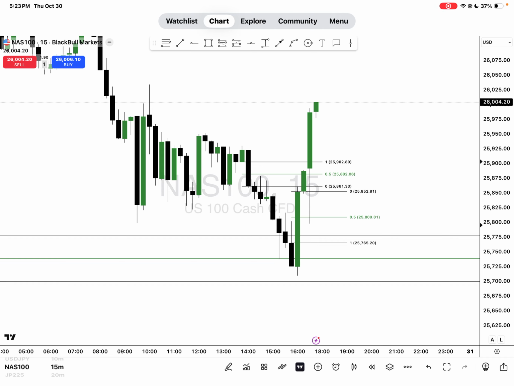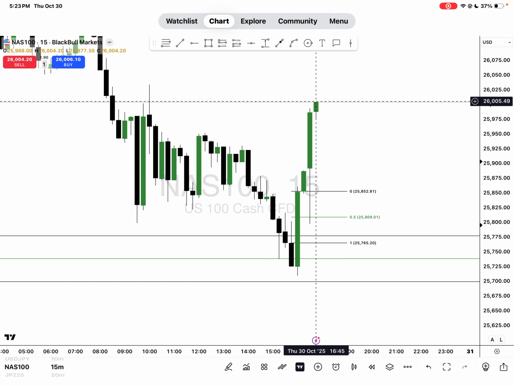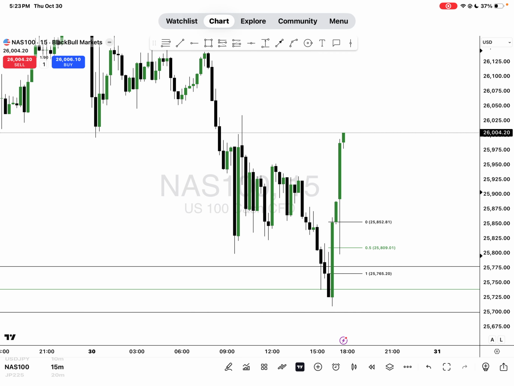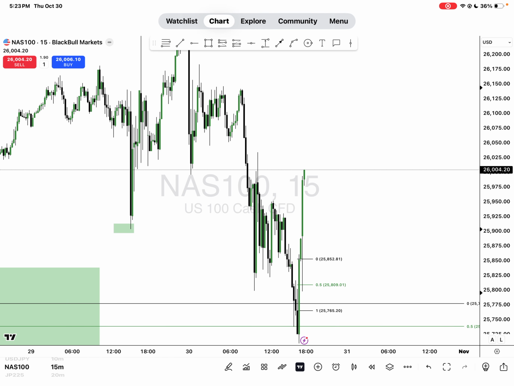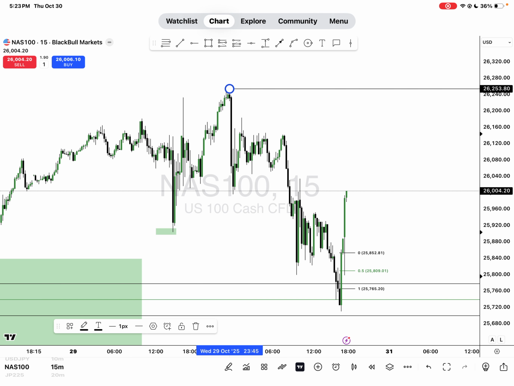Get rid of that. Get rid of this. 50% perfectly. And a very, very nice move, justifying that this is going to continue pro trend price action, looking for that high, but ultimately still looking for continuation of trend up to the all-time high.